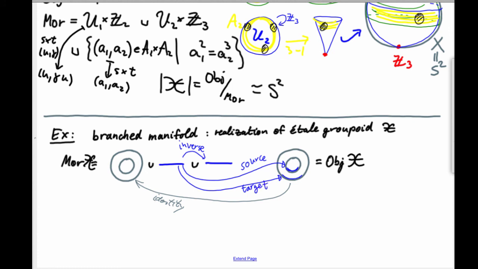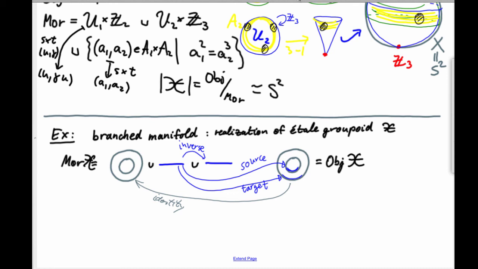Meaning, each point here gets mapped to a source point here and a target point there. So in the realization, that's what we're trying to glue together. Here you can see how these are local diffeos visually.